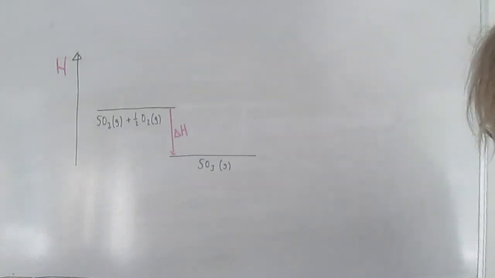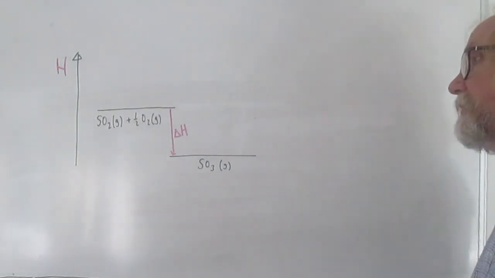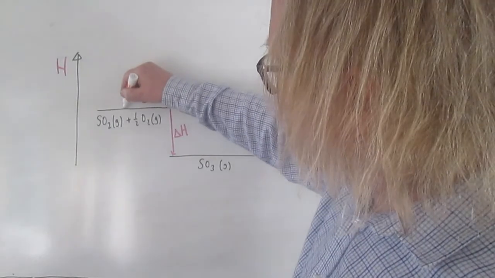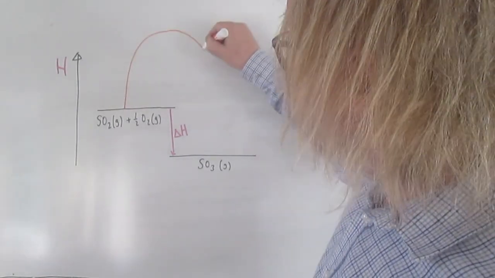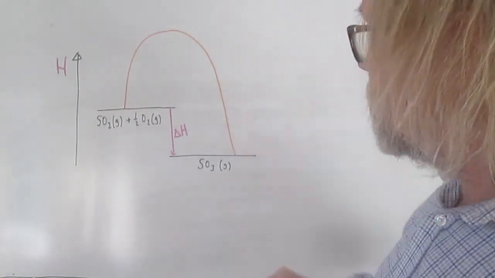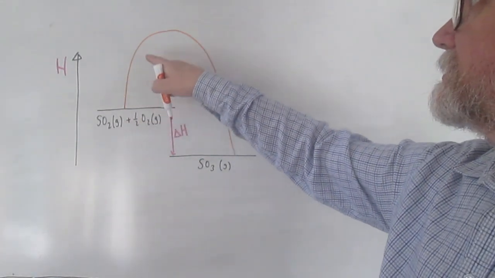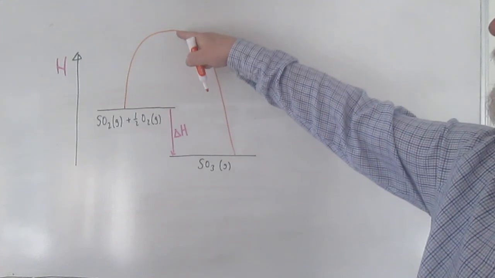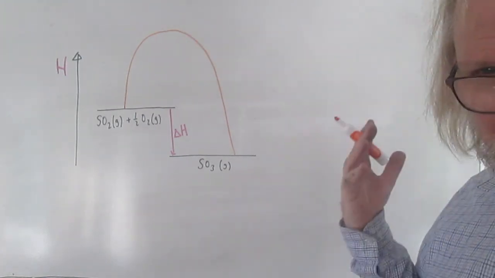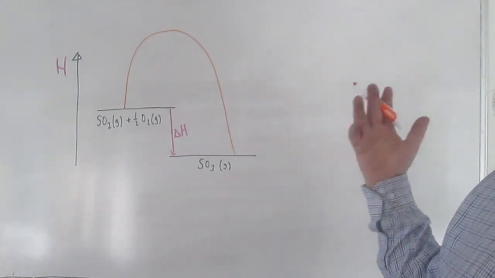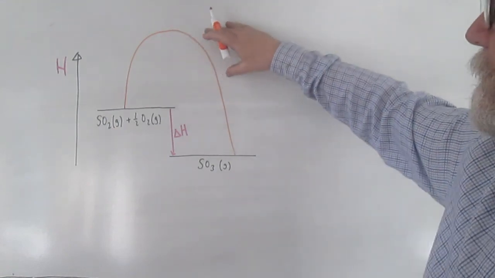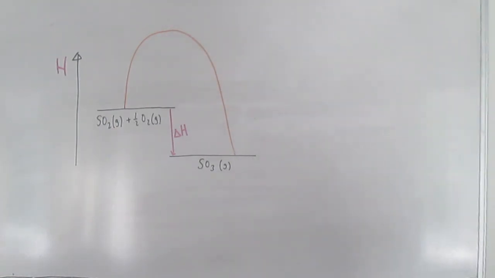So what we're going to be interested in is what about the activation energy, and we've got used to this idea that there is some sort of energy barrier that you have to go over in order to get from the reactant to the product. You have to go through a high energy state in which bonds are being broken, or at least distorted, at considerable energy cost before you can start making the new ones.